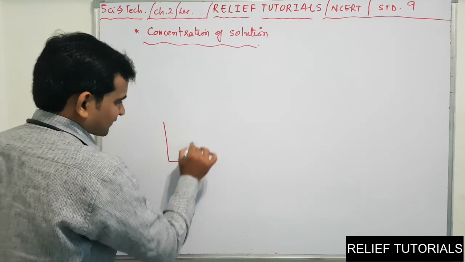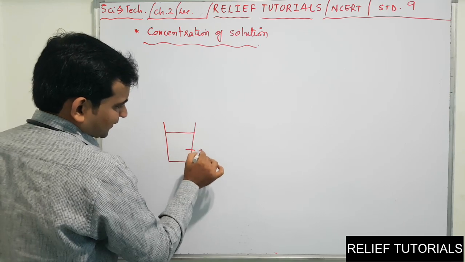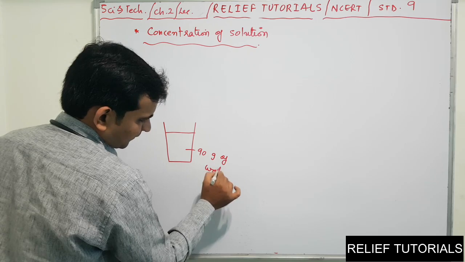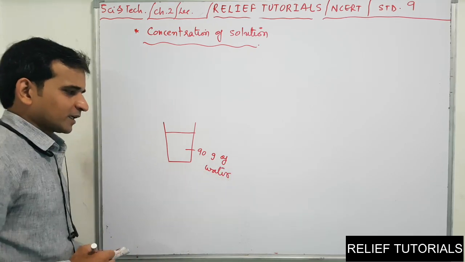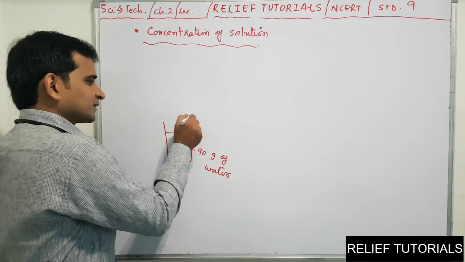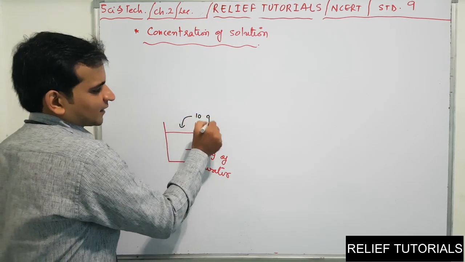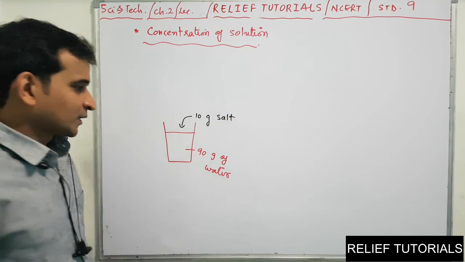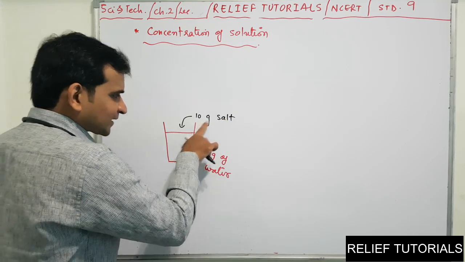Consider I have taken 90 gram of water here, and let us add 10 gram salt. So 90 gram of water, 10 gram of salt.